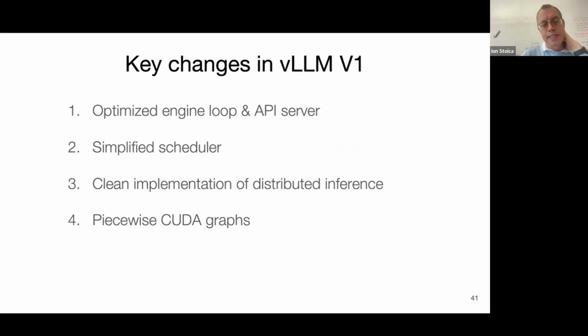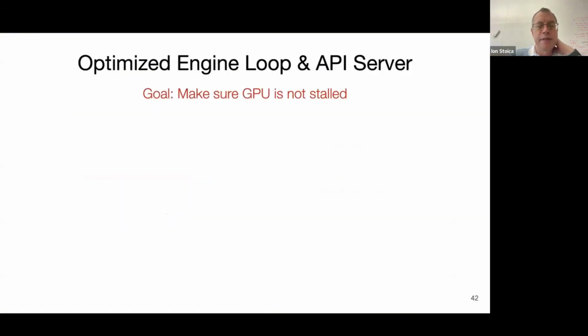The first is optimized engine loops and API server, and this is to make sure the GPU is not stalled, right? Obviously, you don't want to waste GPU. GPU is your most expensive resource. You better utilize it.